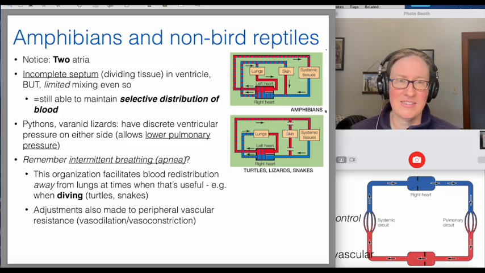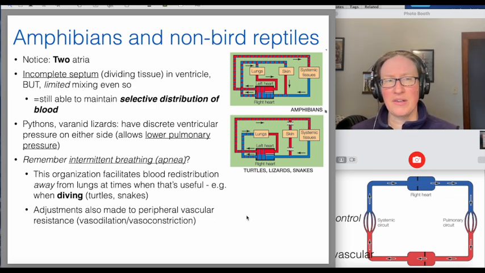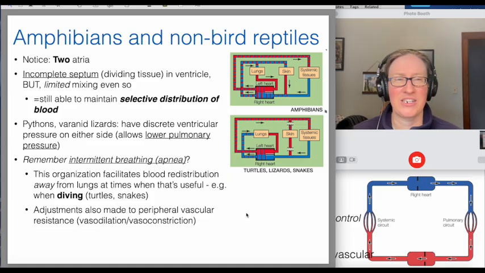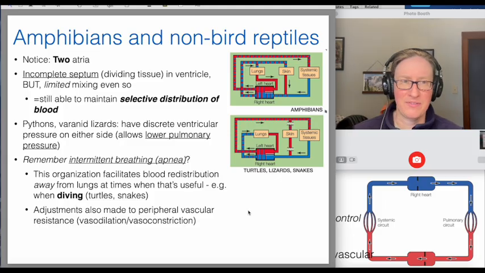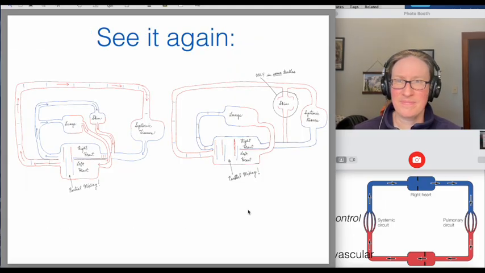They might do some gas exchange across other tissues, as illustrated here, but they can save a lot of energy if they bypass the lungs and primarily just flow blood back through the systemic circuit. And these guys, as with lungfish, will make some adjustments to peripheral vascular resistance, through selective vasodilation and vasoconstriction to redirect blood flow where it's useful.